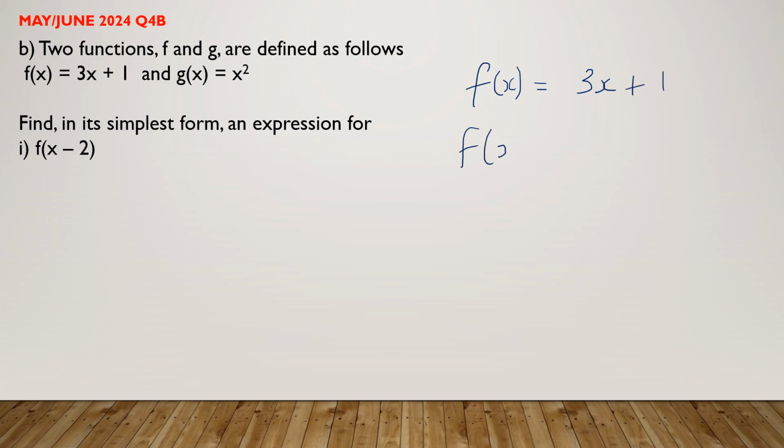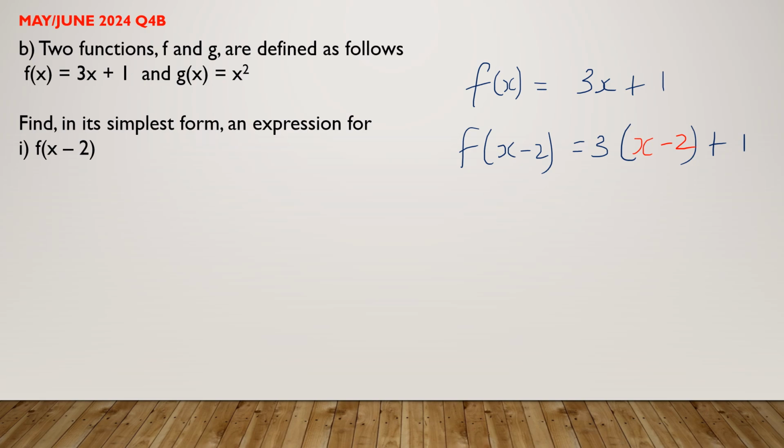So f of x minus 2 would equal 3 times x minus 2, plus 1. Where we had x, we replace it with x minus 2.